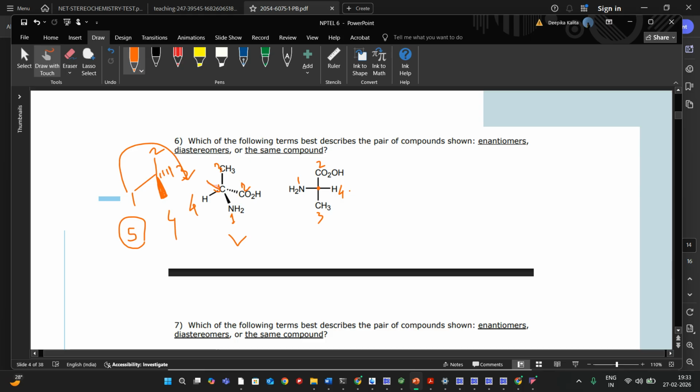Hence, if the fourth group in the Fischer projection is present in the horizontal plane, we have to reverse the absolute configuration which we get from moving from 1 to 2 to 3. Hence, as this representation is giving us R, the absolute configuration will be S.